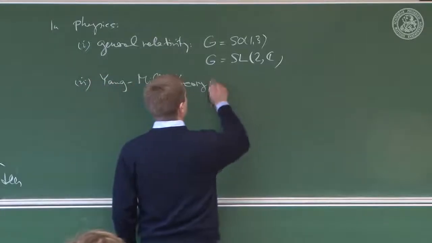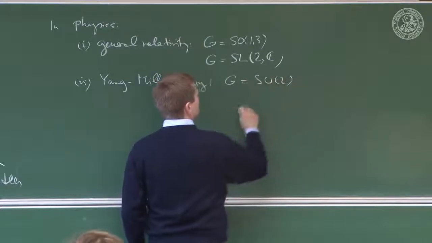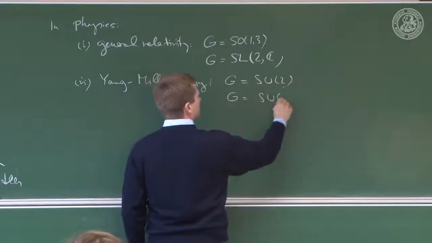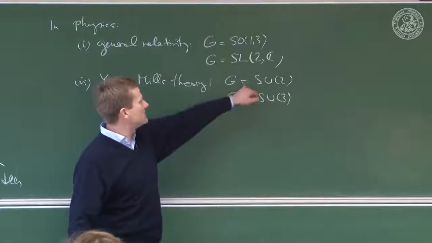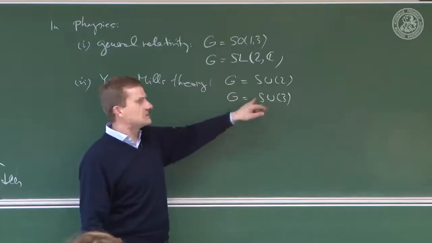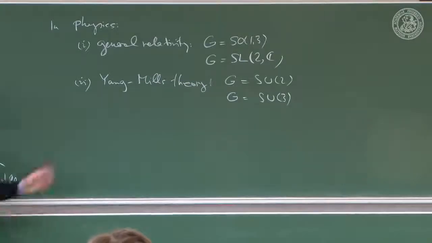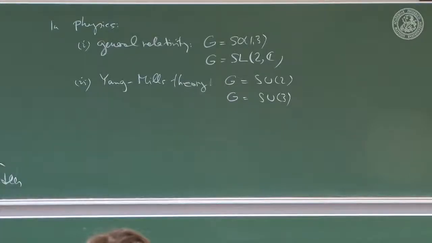But in the standard model of particle physics, that would be, for instance, SU(2), or it could also be SU(3). So this would be, roughly speaking, the electroweak theory, and this is the strong interaction. These theories, and the subtleties in there, can actually only be properly understood by considering principal fiber bundles.